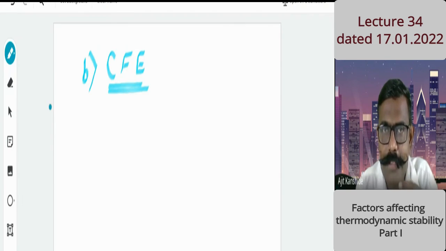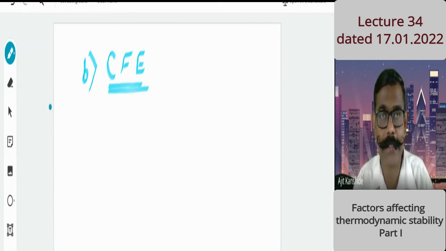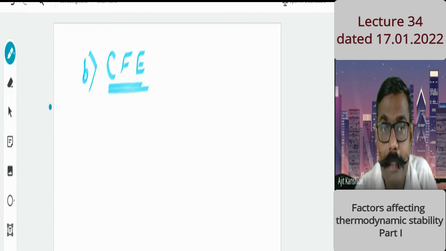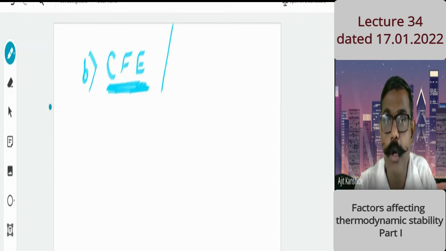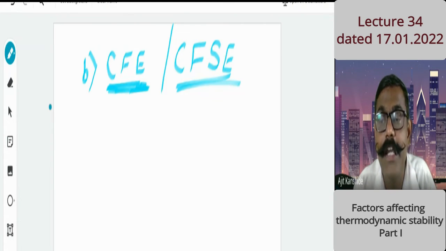In the first unit, for the application of crystal field theory, the variation of stability for the complexes, maybe the octahedral complexes, you might have plotted the graph. The explanation for that stability is in the concept of the crystal field effect, or CFSE, crystal field stabilization energy.